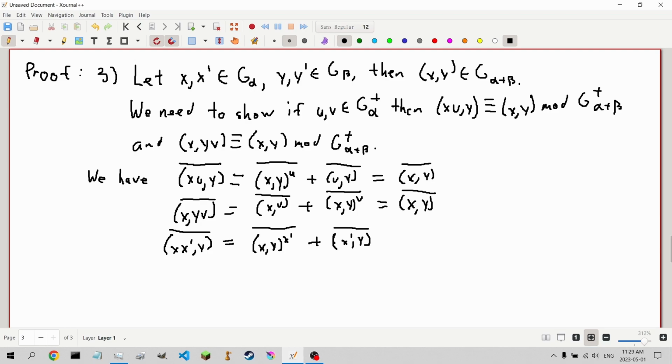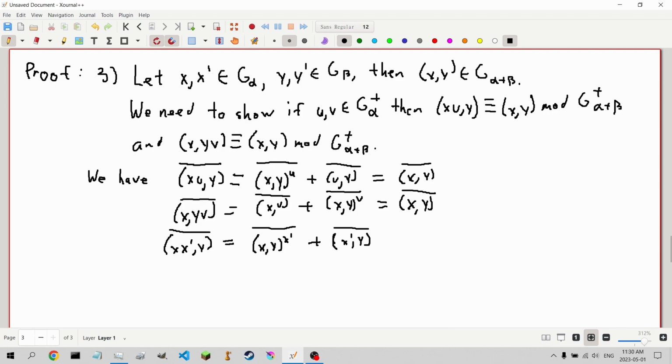I should explain the first two a little more. So going from the second term to the third term in these first two equations, we saw before that when we're taking this image by this quotient map, the exponent of u is going to disappear. So x comma y to the u bar is just going to be x comma y bar.